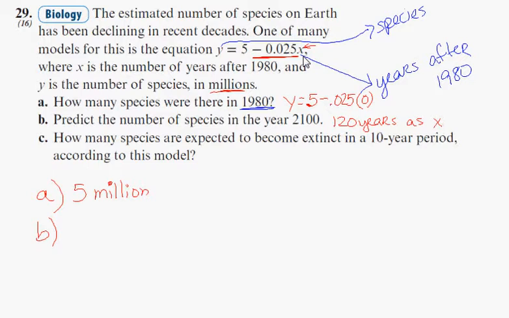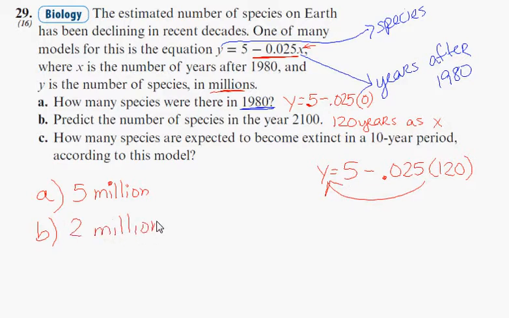So when we're solving that one, we say y is equal to 5 minus 0.025 times 120 years. And that's what's going to give us our number of species. When you solve all of that, you should end up with 2 million. Don't forget, whatever your y value is, it's going to be in millions. So we still have to add the millions there.